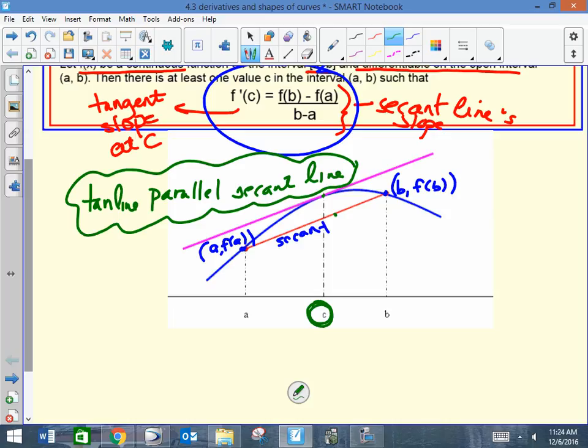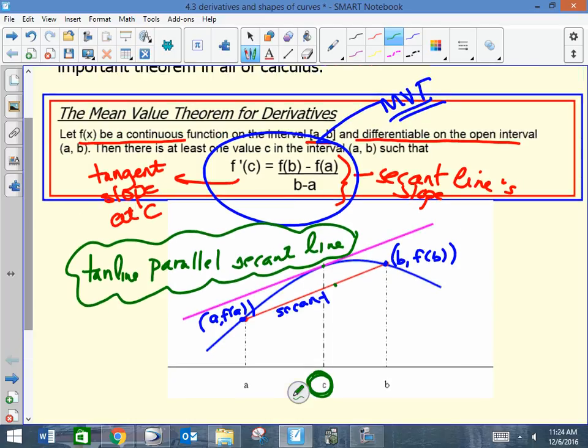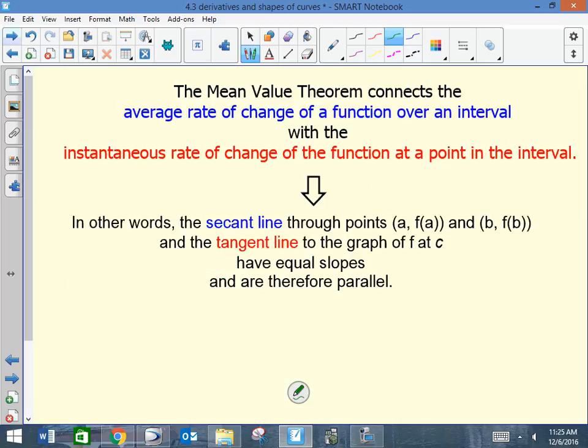That's the only place. There may be more than one place, depending on the function, but if you have a continuous function and differentiable everywhere on that interval, you are going to have at least one value. Okay? All right, so let's basically remember the average rate of change is the same as the secant line slope.